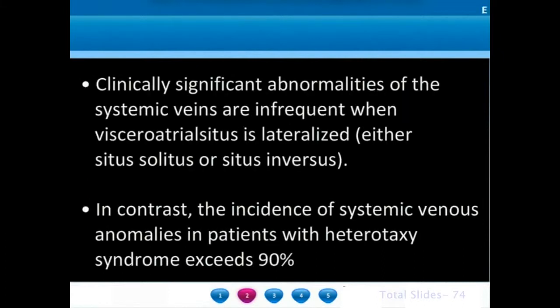Whenever the visceroatrial situs is well lateralized as a very clear-cut situs solitus or situs inversus, clinically significant abnormalities of systemic veins are not common at all. However, in patients who have visceral heterotaxy or situs ambiguous, the incidence of systemic venous abnormalities is very high.